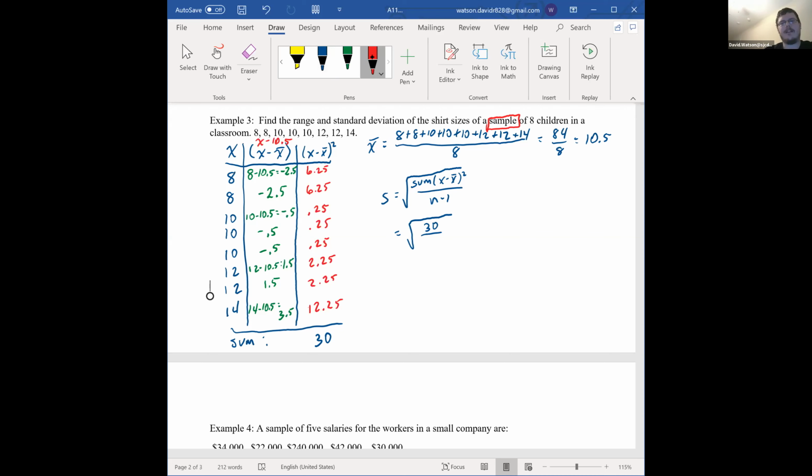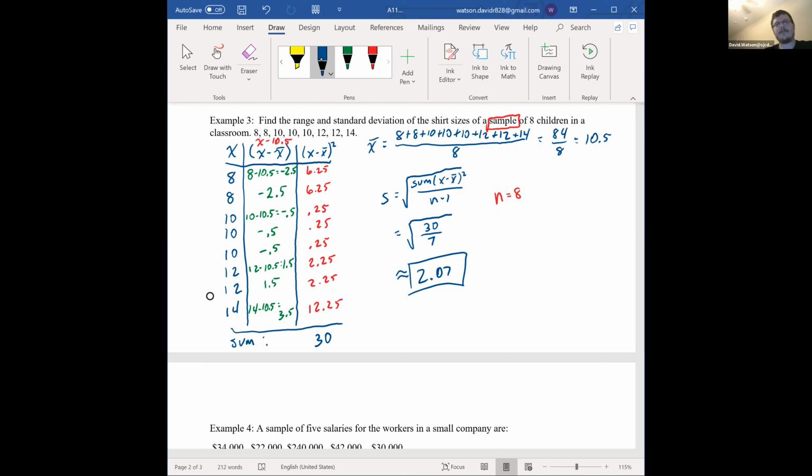Our n was 8 because there were 8 data values, so n minus 1 would be 7. Throw this in your calculator at this point, and you get approximately 2.07. That's our standard deviation.